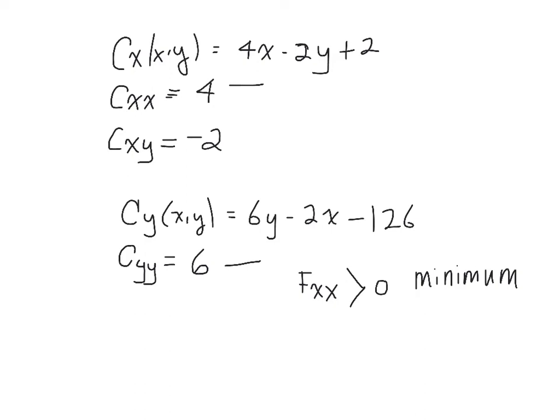We also have to compute the value of m, which really determines if you have an extrema at all or you have a saddle point, and this is determined through this equation.